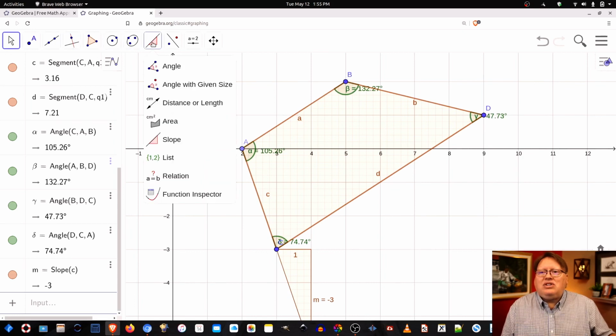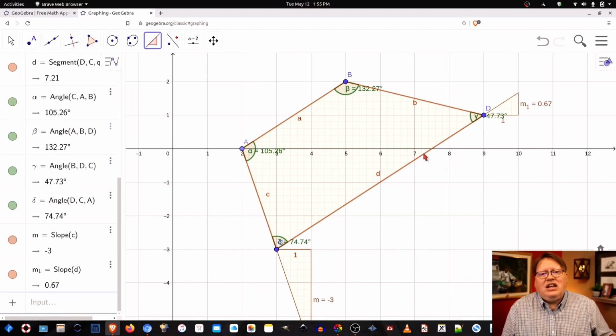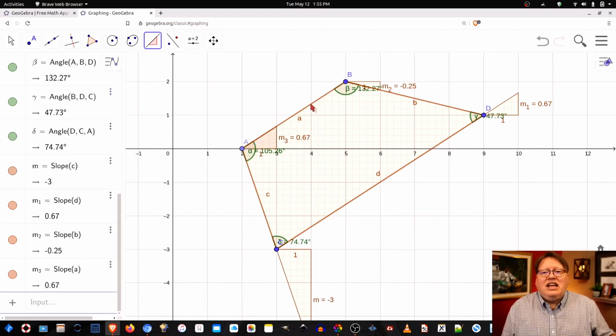And then I'm going to choose my slope tool again and click on side D. That slope is 0.67. Okay, not the same. This next side, side B, has a slope of -1/4 or -0.25. And then our last side, side A, well, it has a slope of 0.67.